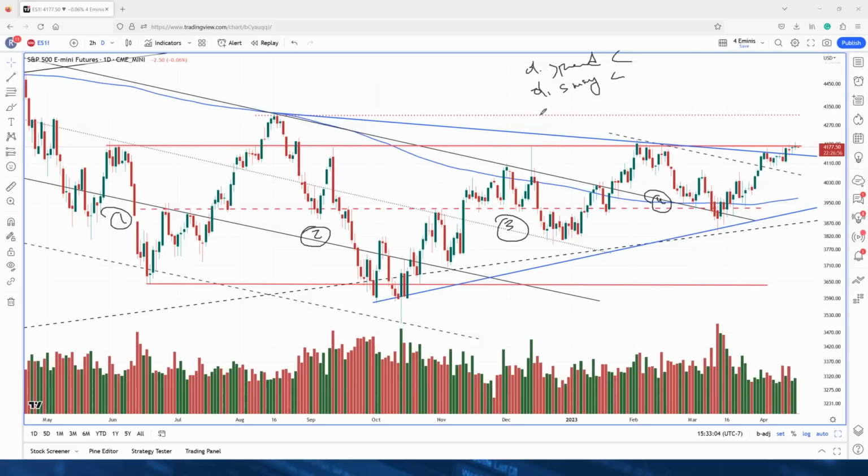We're also seeing how, after the October low, which was the lowest low, we're starting to create higher lows and higher highs. Those are local higher lows and higher highs, but those are extremely important. We're also seeing how the overall level of supply is going down.